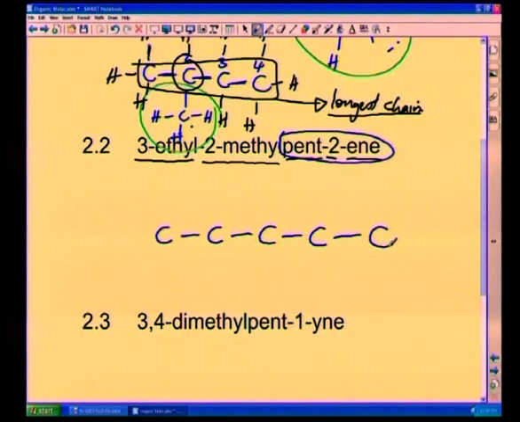Now it says to me that on carbon number 2, I've got a double bond, and that must take precedence, because the double bond is one very important aspect. You first check, do I have double bonds, triple bonds, and that is where you will start counting your carbon atoms.